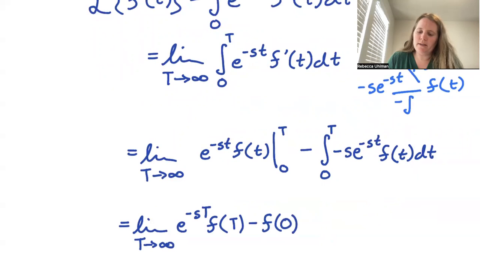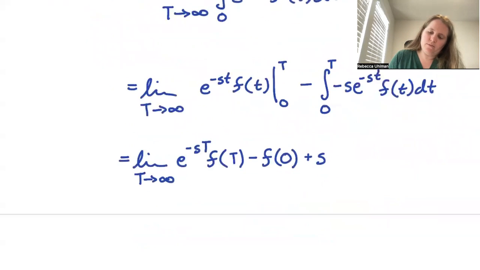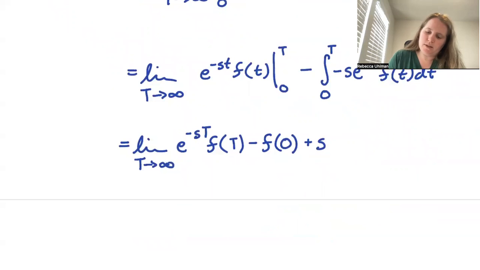We are subtracting a negative s times that definite integral, so this becomes plus s times the definite integral from 0 to T of e to the negative st f of t dt.